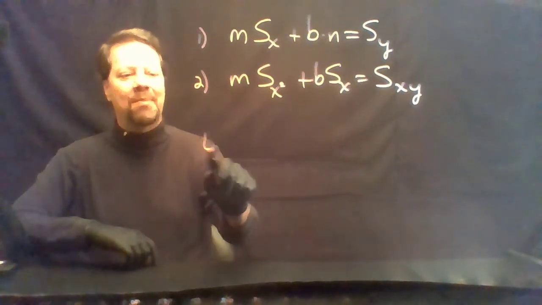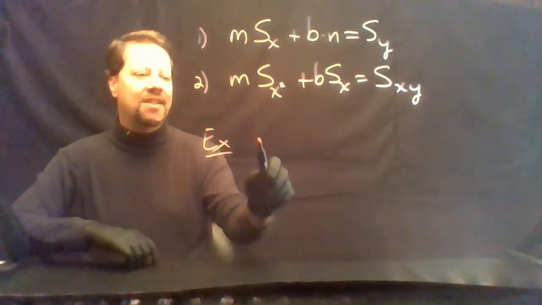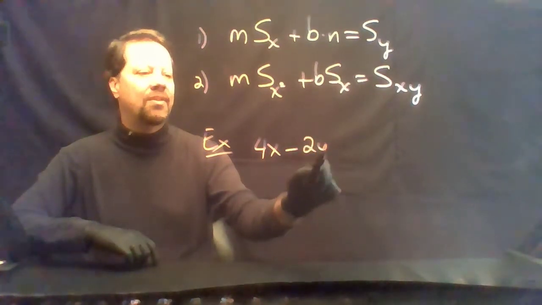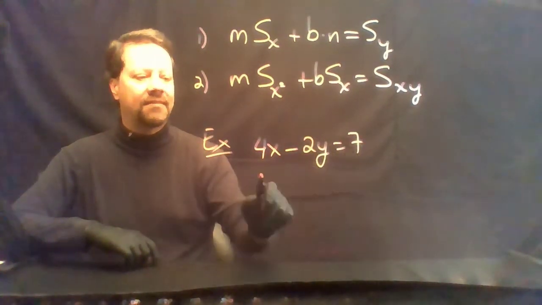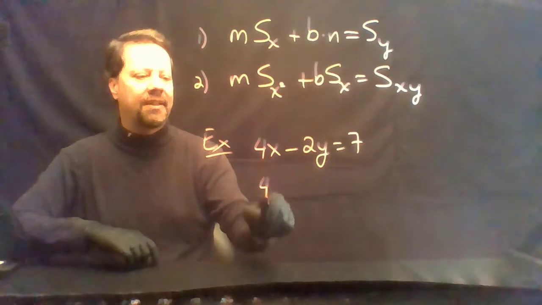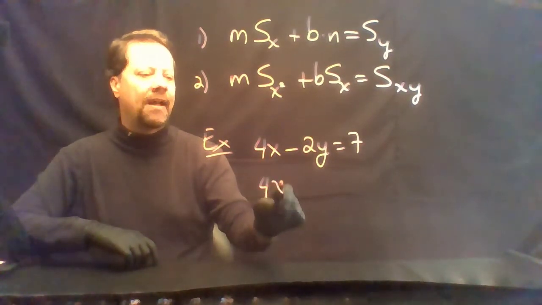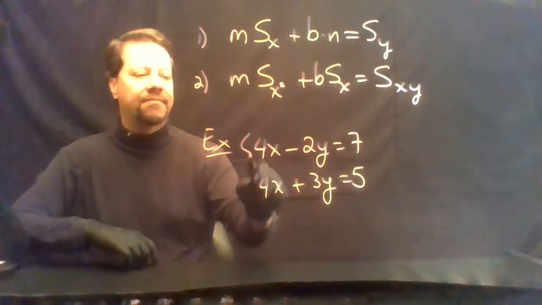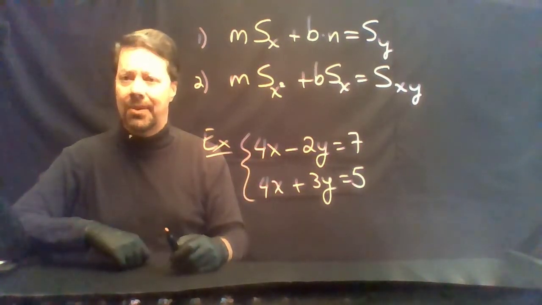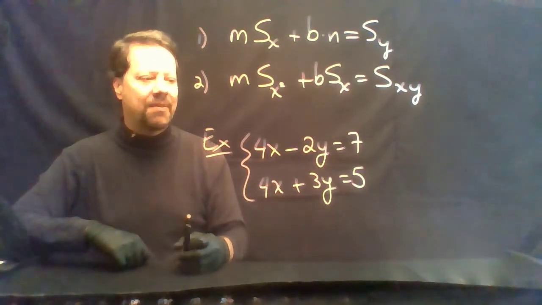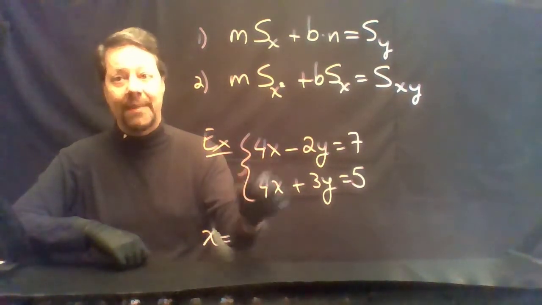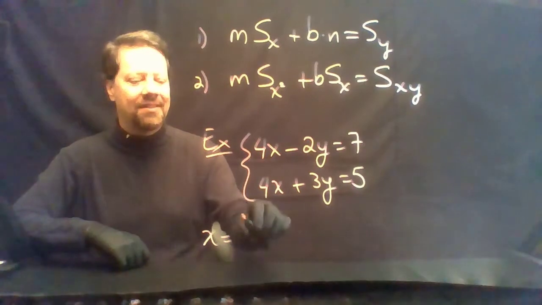As a quick example, suppose I have the system of equations 4x minus 2y equals 7, and then how about 4x plus 3y equals 5. What is the solution to this system of equations? Well, I know it would be easy to solve this one by elimination.